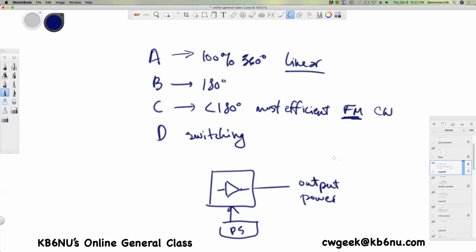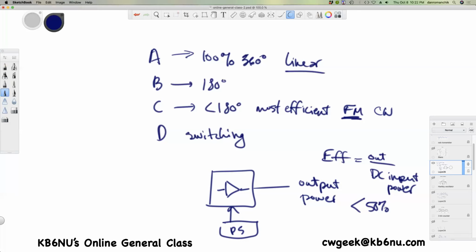Well, the efficiency is simply the output power divided by the input, DC input power. And in most cases, you'll find that this is less than 50%.